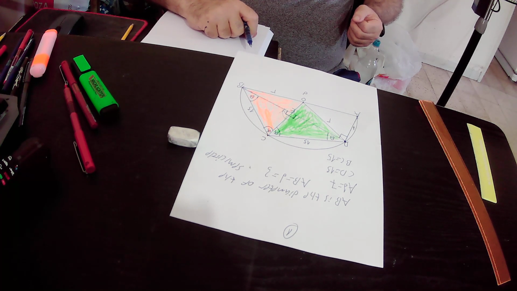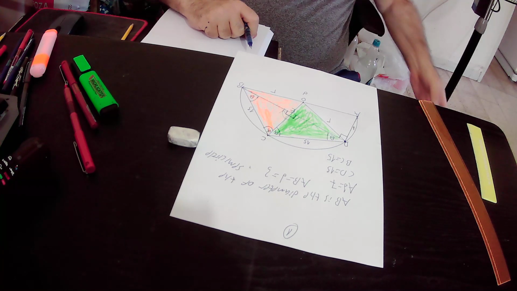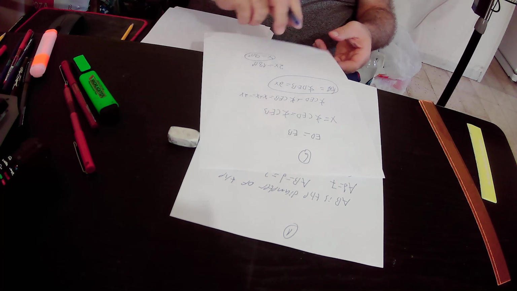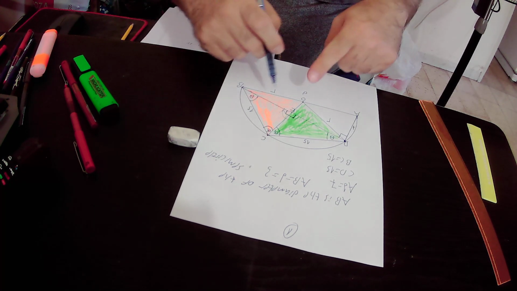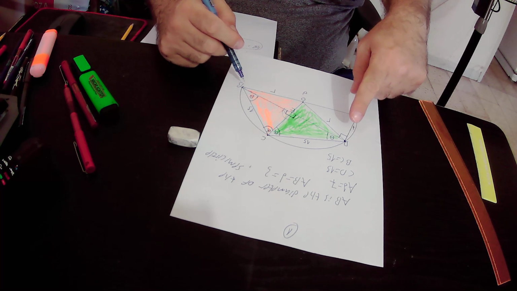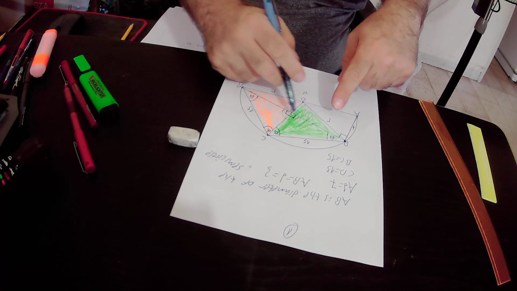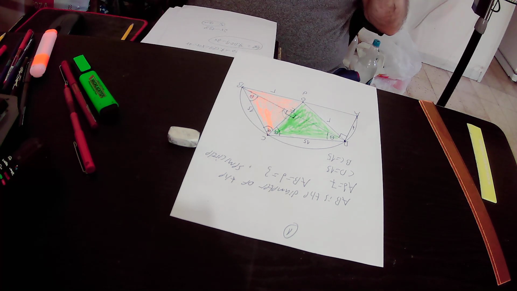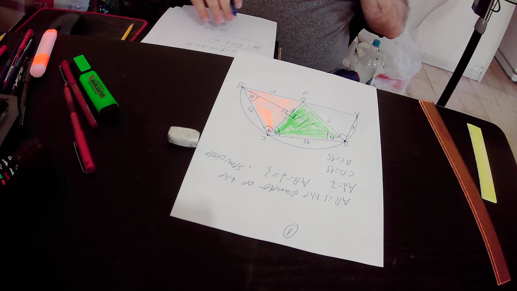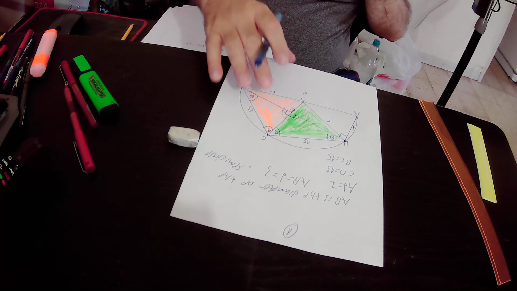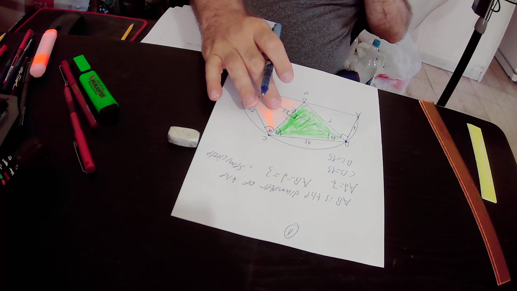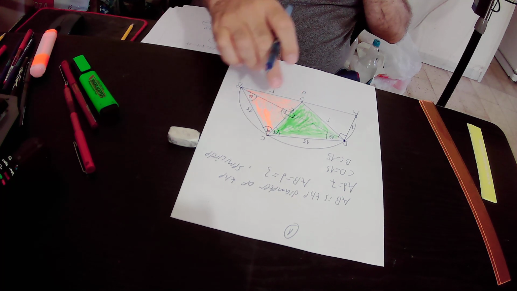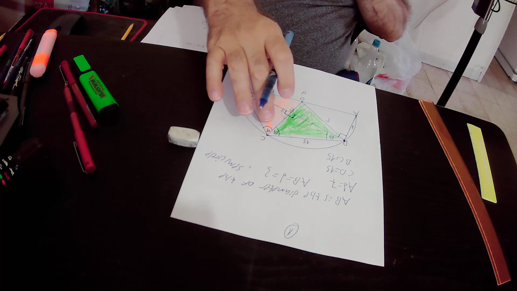But we also know, because DB is a straight line, that angle DEB equals 180 degrees. But we also know that OC is the radius of the semicircle, because it starts from the center of the circle and ends at point C, a point on the circle itself.